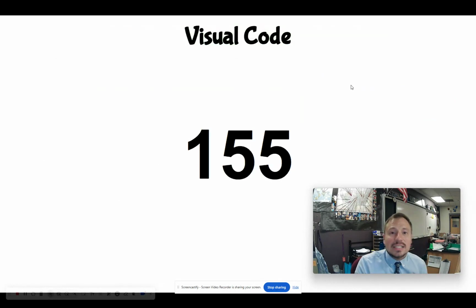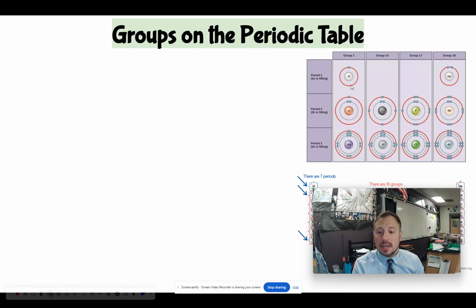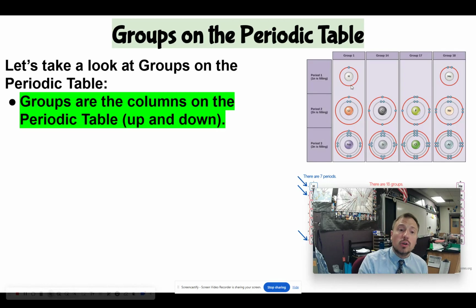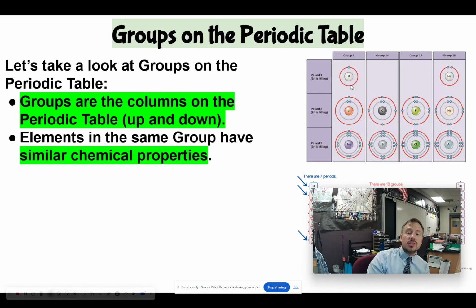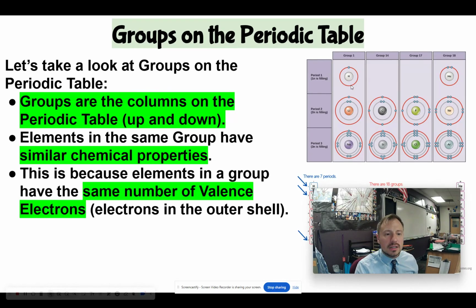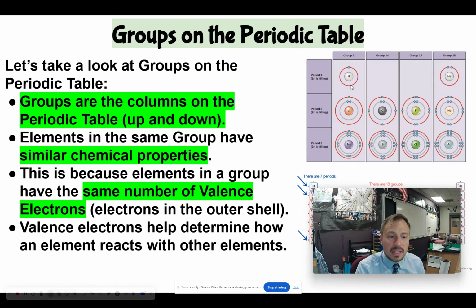So now let's get to how the periodic table is organized. Yes, it is by atomic number, but we've also got groups on the periodic table. Those are the columns. They go up and down. The elements in the same group have similar chemical properties, and the reason why is because they have the same number of valence electrons.